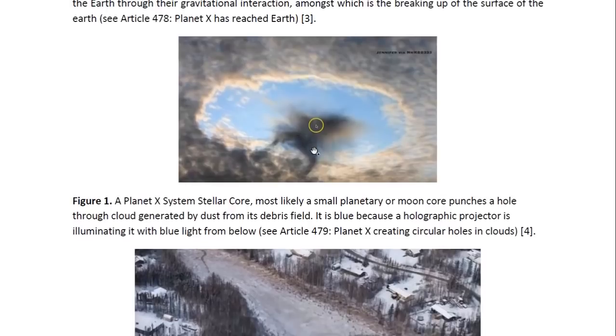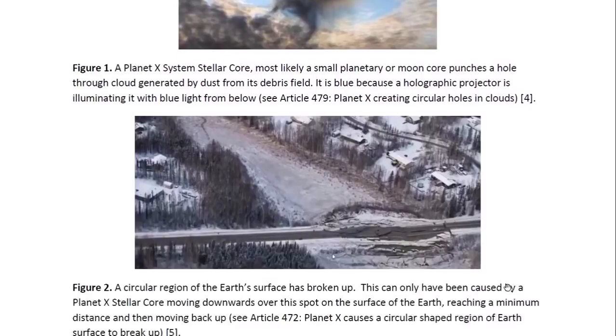And you can see it has this gravitational vortex connection through which it's drawing material that looks dark gray. And it's actually punching a hole through cloud that its debris field, the dust in that debris field, actually generates. Cloud condensation occurs around that dust, so this sort of cloud formation occurs. And you may look at article 479 entitled Planet X Creating Circular Holes in Clouds for more details.